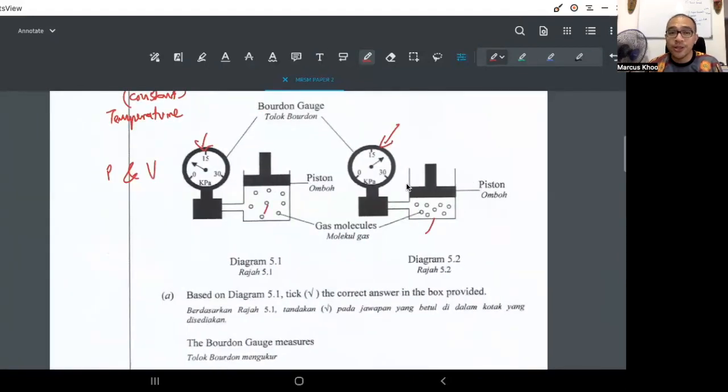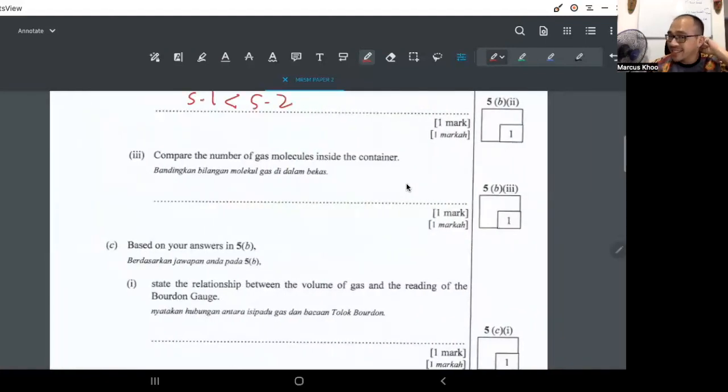When you count lor, kan, 1, 2, 3, 4, 5, 6, 7, 8. 1, 2, 3, 4, 5, 6, 7, 8. Okay, so it's an interesting question because some people will overthink this, you know, like, how do you know the number of molecules? Count how many circles there are. Okay, so the number of molecules are the same.